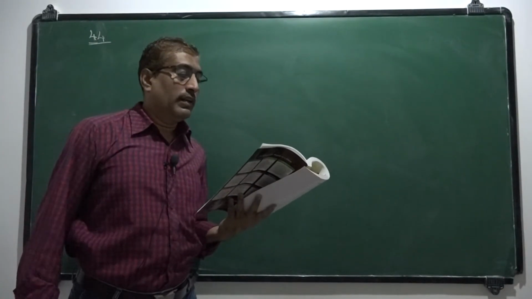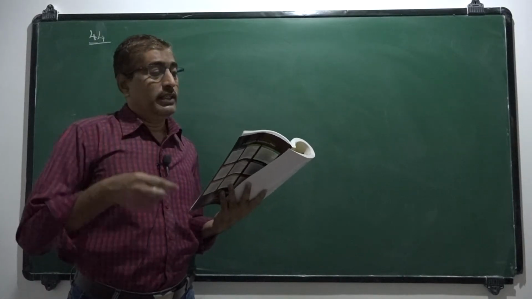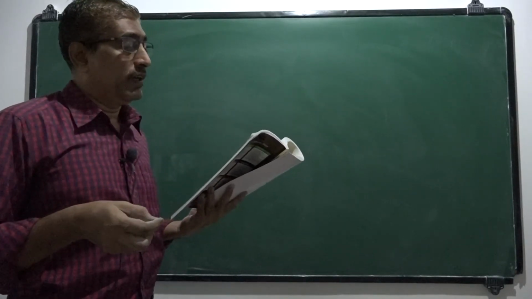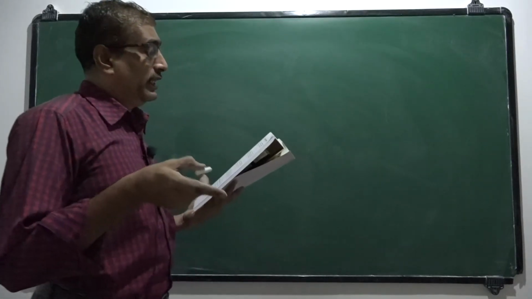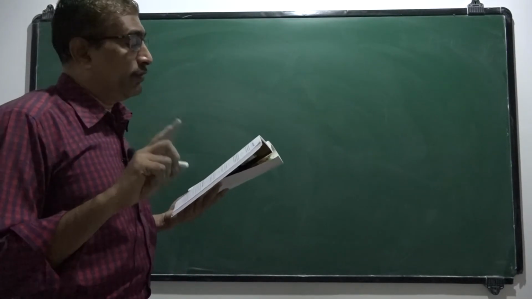Okay, once again. Calculate the force required to separate the glass plates of area 10 to the power minus 2 meter square with a film of water of 0.05 millimeter thickness between them.